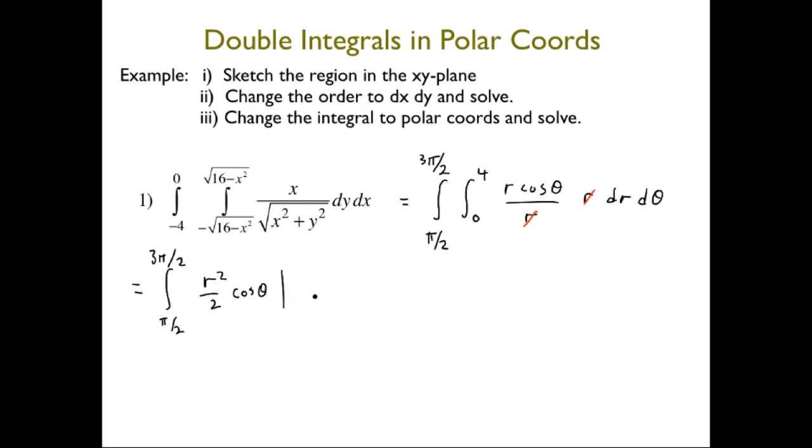And that's going to be from, R goes from 0 to 4. And we're plugging the 0 and the 4 in for which variable? This is our R, right? So we got pi over 2 to 3 pi over 2.